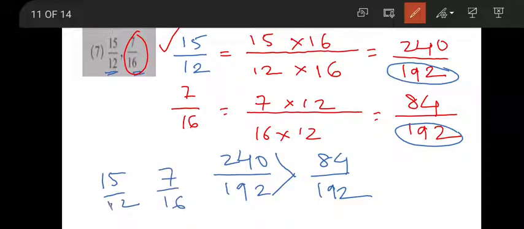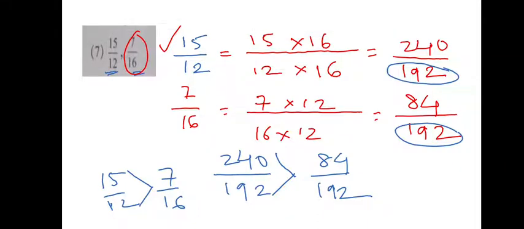So this sign again we put here for the main question. So in this way we'll compare the numbers of the given fraction. Let us solve this 8th one. Here again the fractions are given and the denominators of the fractions are different. Therefore we'll make them equal.